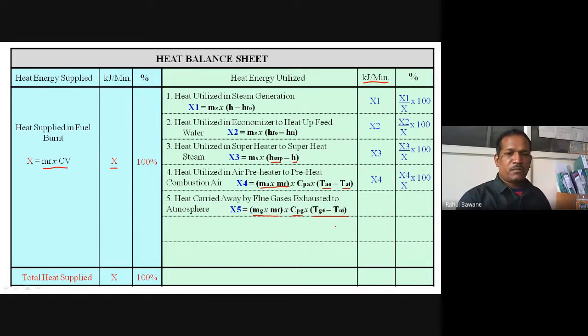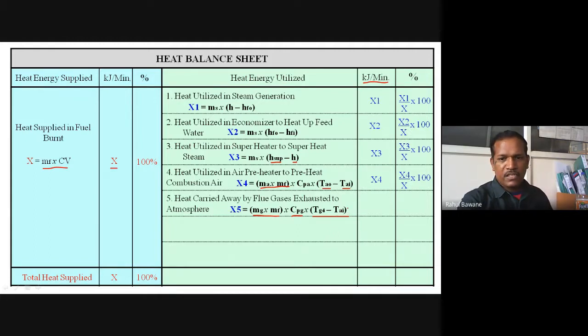Now, what is the temperature change of exhaust gas entering the atmosphere? The exhaust gas entering the atmosphere is at Tg4, the exhaust gas temperature after the air preheater, and the atmospheric temperature is the atmospheric air temperature, that is TAI.